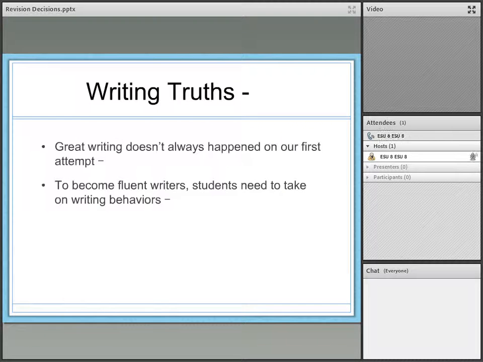But to become fluent writers, brimming with all possible decisions, students need to take on writing behaviors, especially the flexibility and the creativity of revision. When you work with revision, quite often you have to recast and reorder, you have to delete and expand, you have to decide, and you always are evaluating.